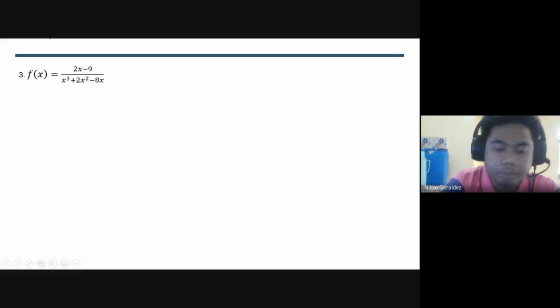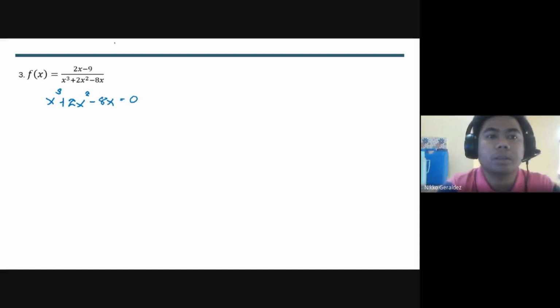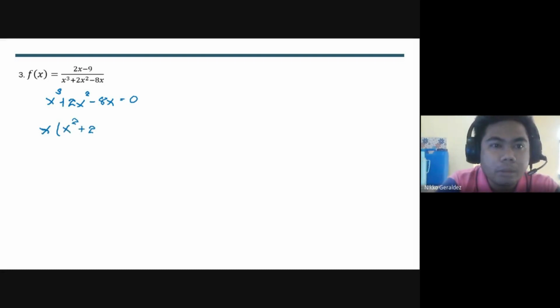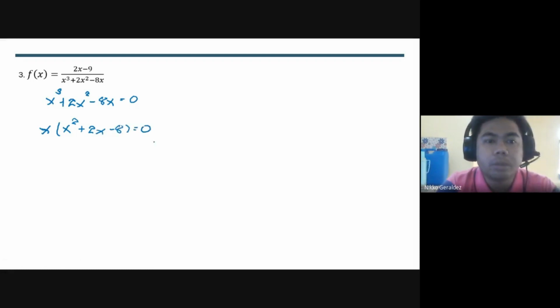So, we have x cubed plus 2x squared minus 8x equal to 0. Then solve for x. No? So factor out x in each term. So x times x squared plus 2x minus 8 equal to 0.